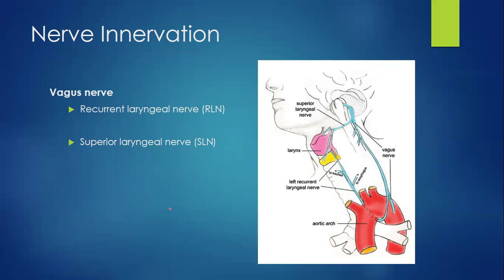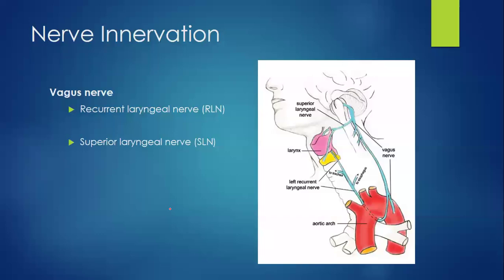So nerve innervation is very, very important. I want you to go back and review that information, but know the general information being that the vagus nerve is the nerve that is responsible for innervating the larynx. Okay, so the vagus nerve is responsible for innervating the larynx, but I also want you to know the recurrent laryngeal nerves and the superior laryngeal nerves.